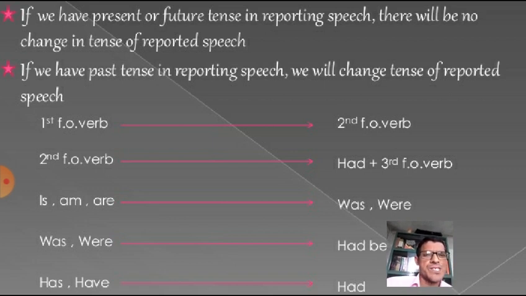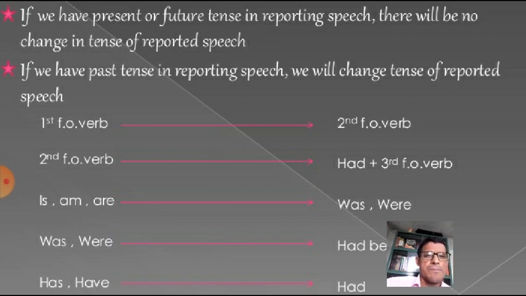So dear student, again try to understand: if in the reporting speech past tense is there, and in the reported speech the second form of verb, V2, is there, then that V2 can be changed into had V3.